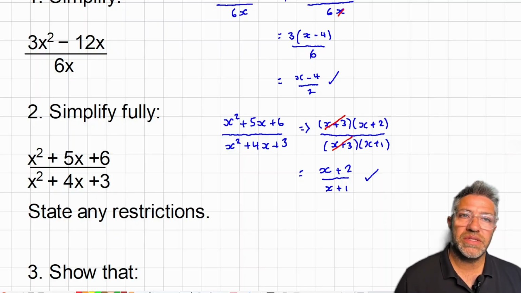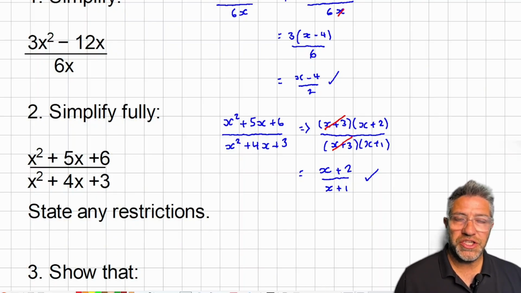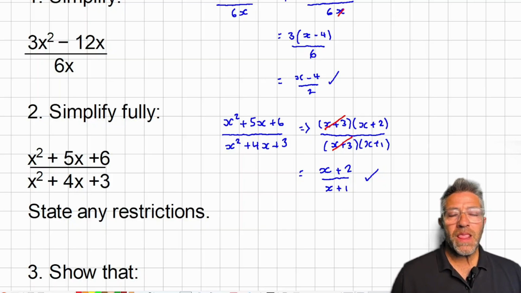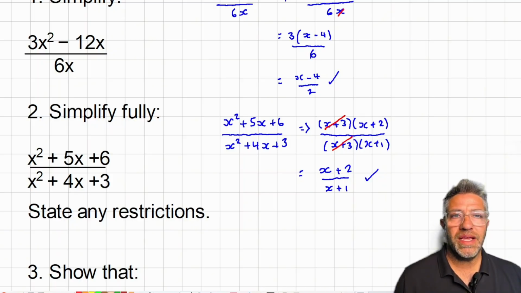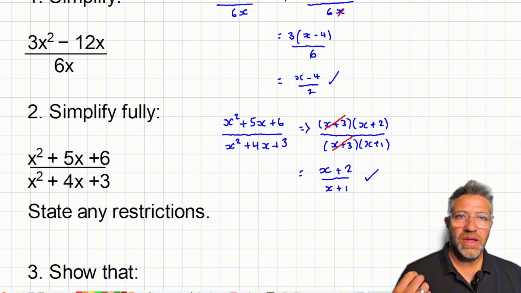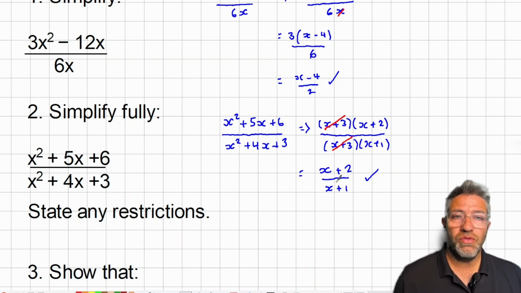You may have noticed when I introduced this session, the challenge part for this was to look at restrictions. Now, our restriction is when our expression is undefined, meaning when we're dividing by 0. So let's take our expression here. We're dividing by x plus 1. So ask yourself this: is there a value of x that will make that denominator equal 0?